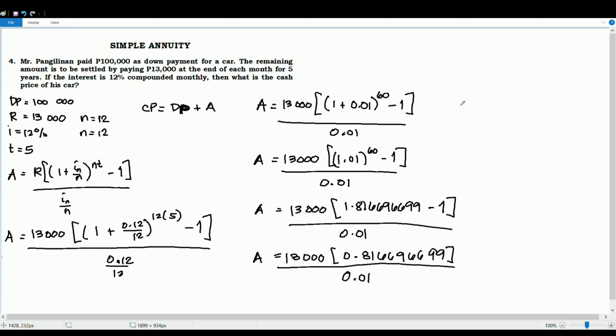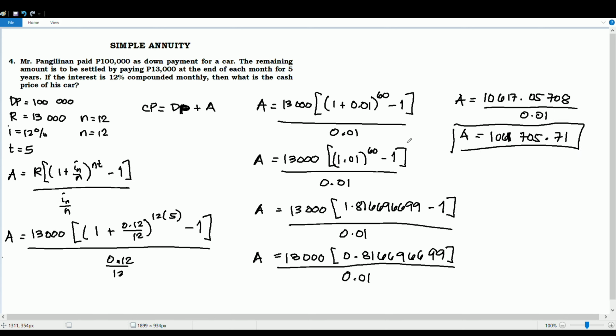Multiplying the numerator, the product of the numerator is equal to 10,617.0578 over 0.01. Now we have to divide this, and the quotient is equal to 1,061,705.71.